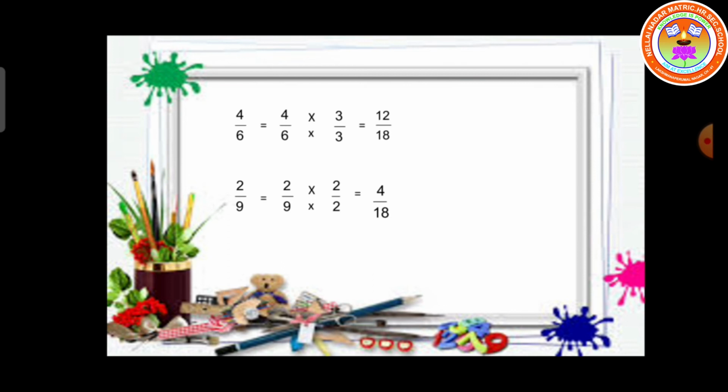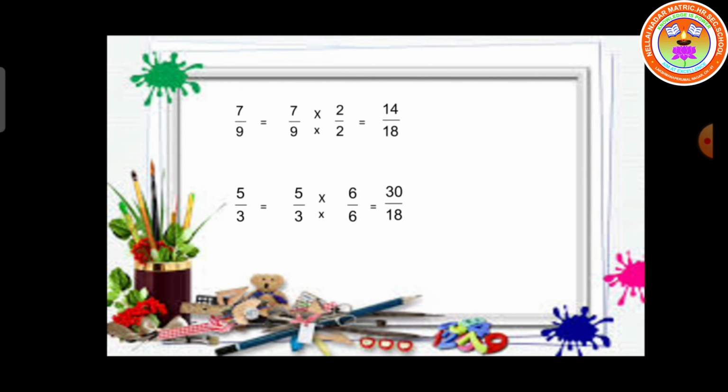Then fourth fraction, 2 by 9. So what is multiplied with 9? We will get 18, 2. The same 2 has to be multiplied with the numerator. So 2 2s are 4, 9 2s are 18. So the answer is 4 by 18. Next, 7 by 9 is equal to, as we know that 2 is multiplied with 9, we will get 18.